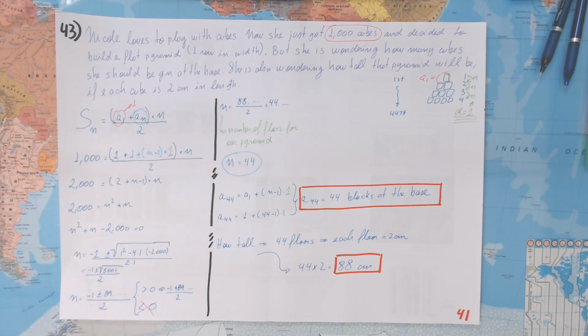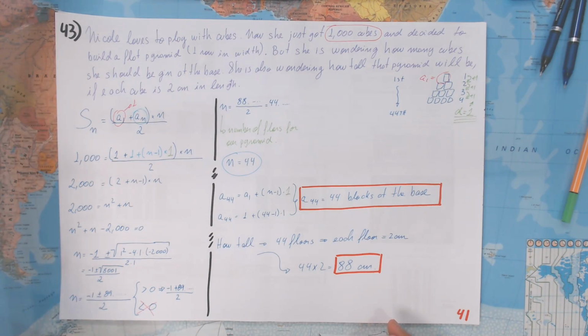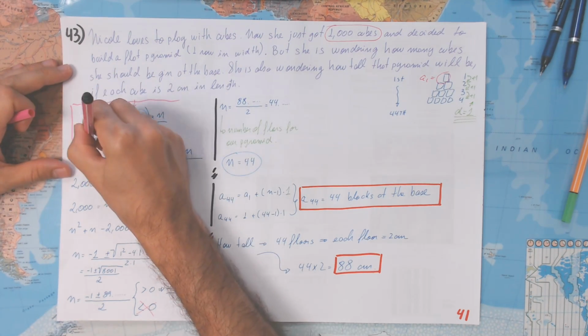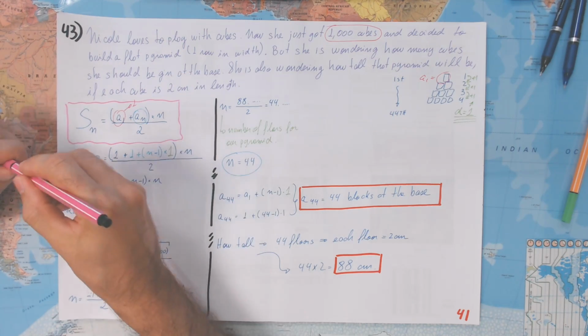So always put units when you write something. And that's it for our exercise, okay? It's not difficult. I would say that the most important part was to acknowledge this one, right? This was the most important part.